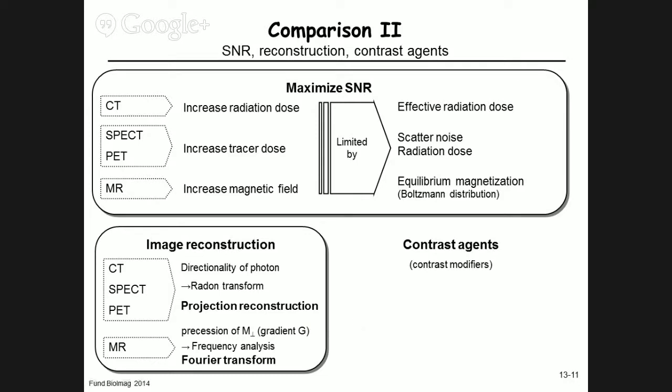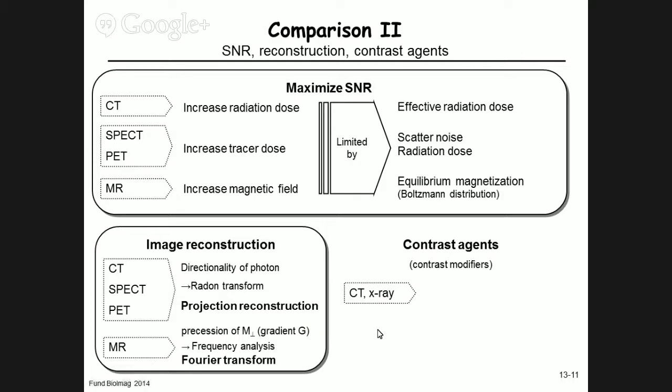Contrast agents. These are the molecules that are contrast modifiers. They change the signal where they are in the tissue, in which voxel they are. If a contrast agent is in a voxel, then it is a molecule that changes the contrast or the signal.